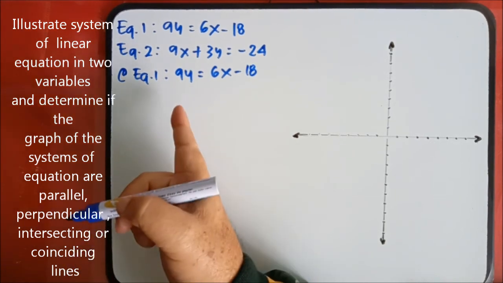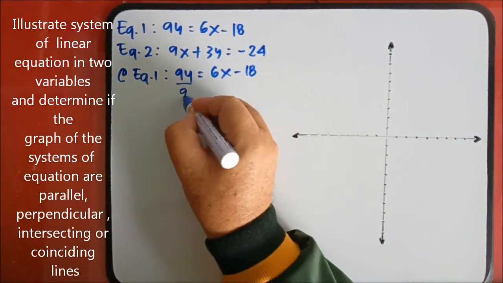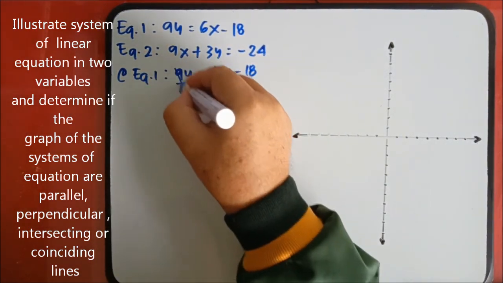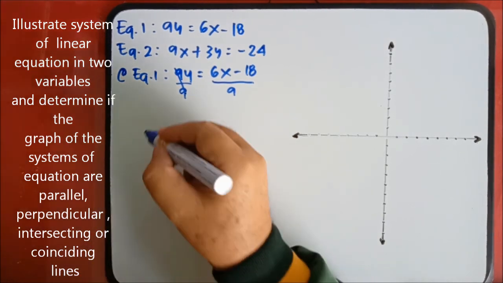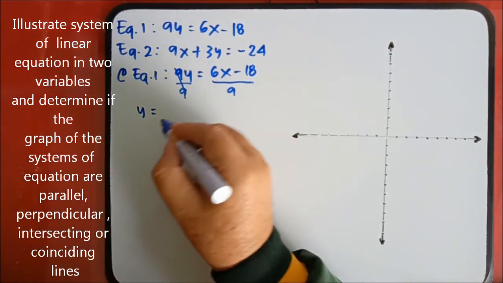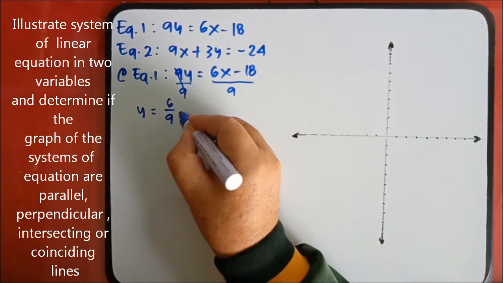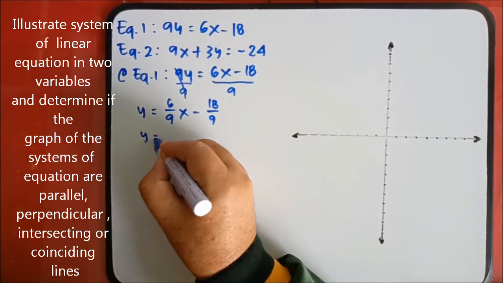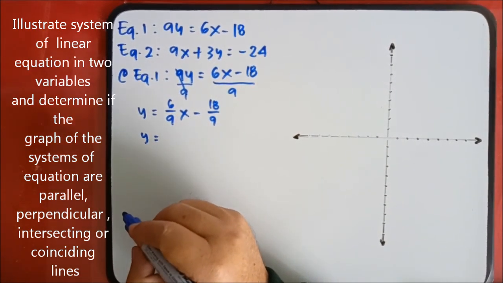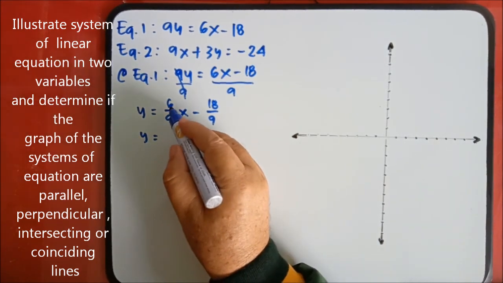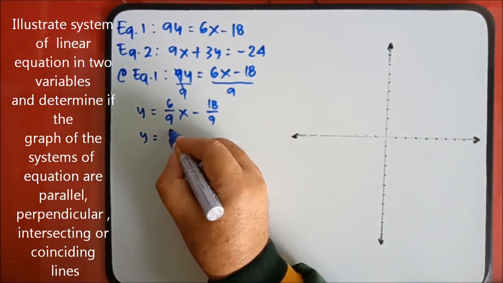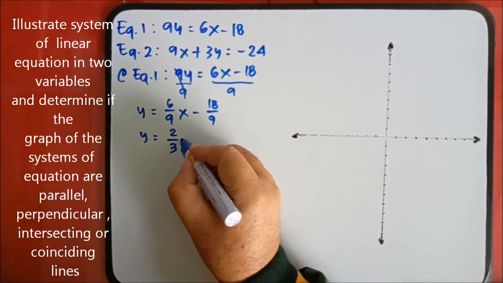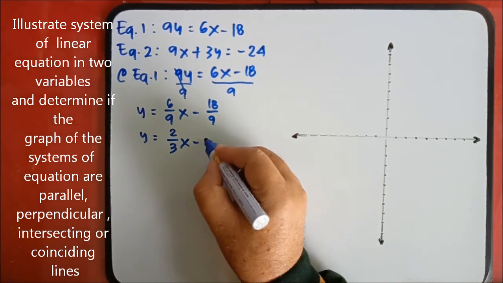What will we do to make it slope-intercept form? Divide both sides by 9. Okay, so 9 and 9 will cancel out. This will become 1. So what remains? y is equal to 6 over 9 x minus 18 over 9. 6 over 9 is the same as 6 divided by 3 is 2, 9 divided by 3 is 3. 18 divided by 9 is 2.